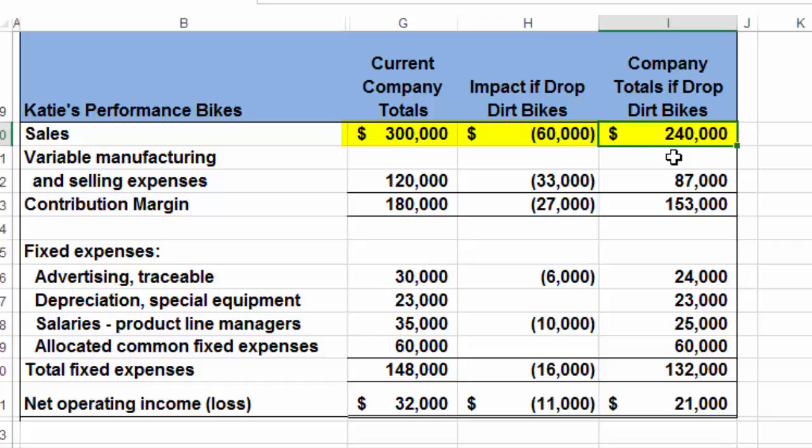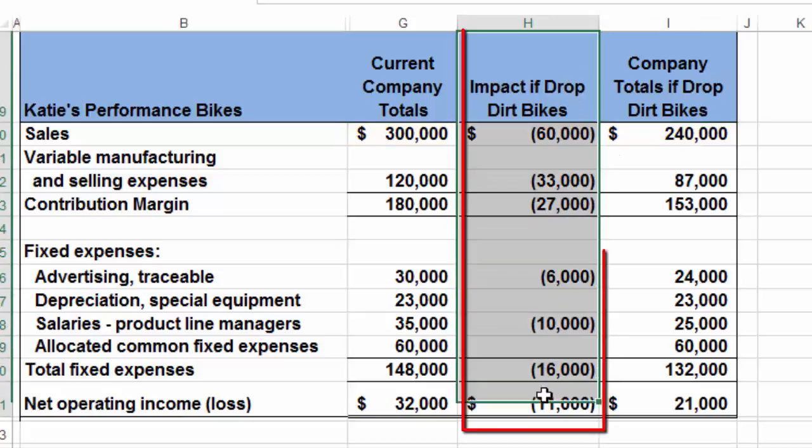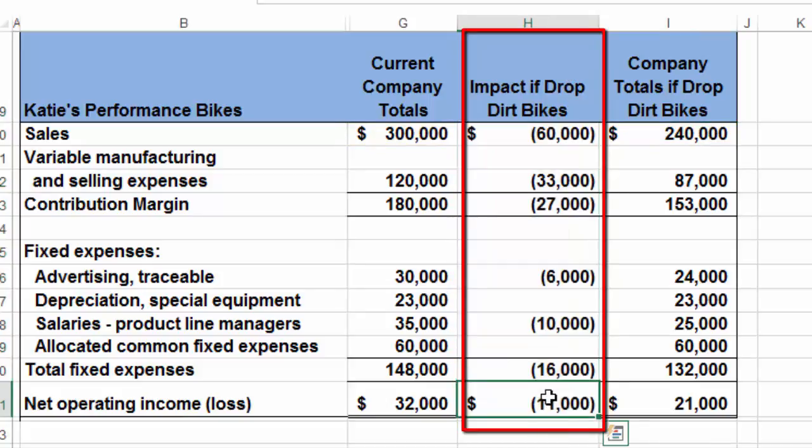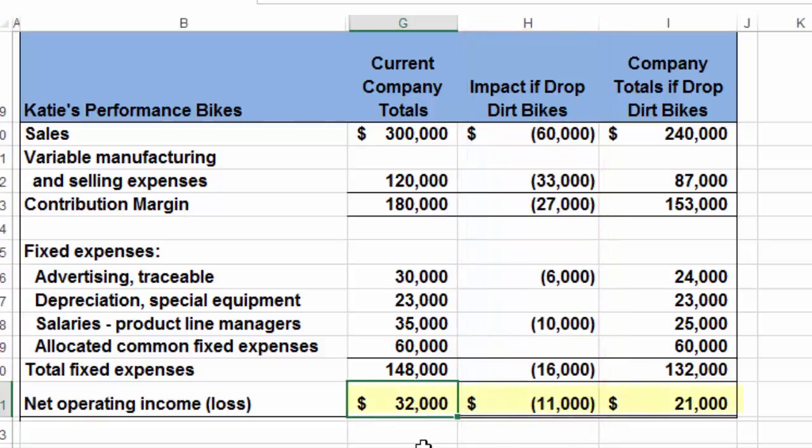Therefore, her revised sales will be $240,000. And overall, we see that Katie loses $11,000 in profits if she drops the dirt bike line. So her net operating income goes from $32,000 to $21,000. That isn't the result that she was hoping to attain.